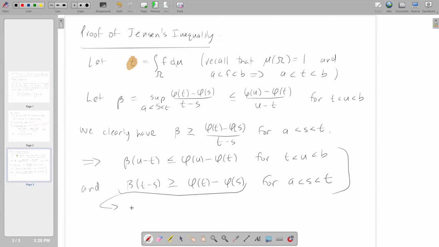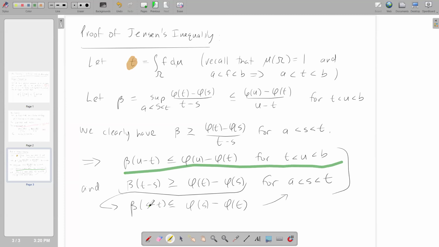If we flip it around, it says that beta times s minus t is less than or equal to phi of s minus phi of t, and that holds for these values. Now if you compare this one with this one, you see that essentially they say the same thing.